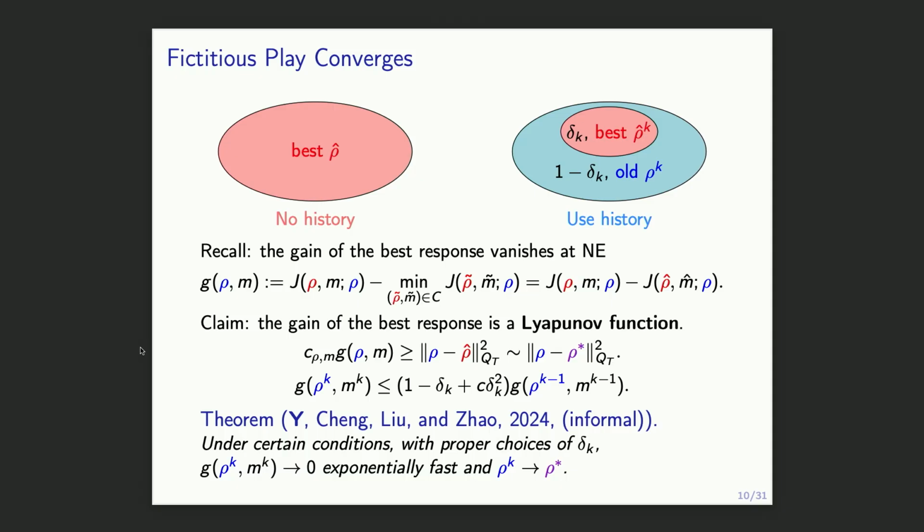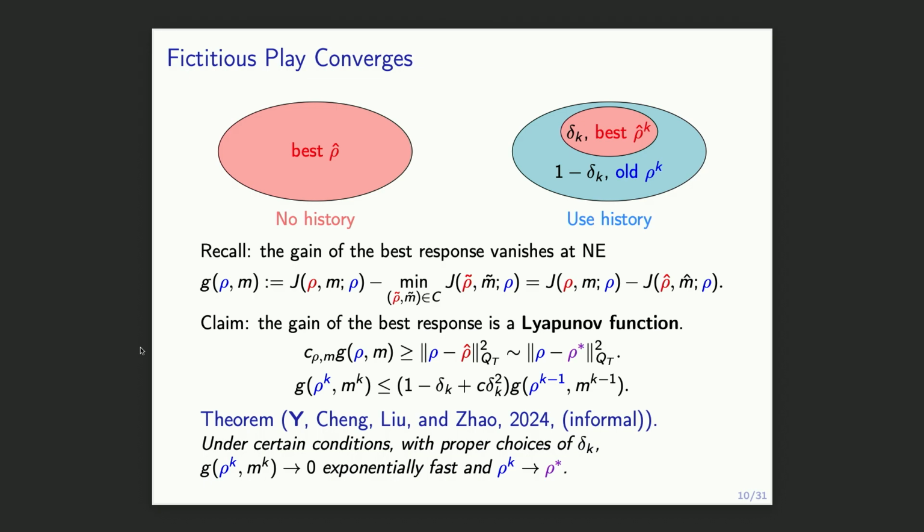So here is the outline of our proof. Basically, the key idea of fictitious play, and the key reason that fictitious play succeeds, is that it uses the history, which is the learning in the title. So the main analysis we did is actually two parts. One part is that we show there is some connection between the gain of the best response and the distance between rho and the Nash equilibrium, also the distance between rho and its best response.